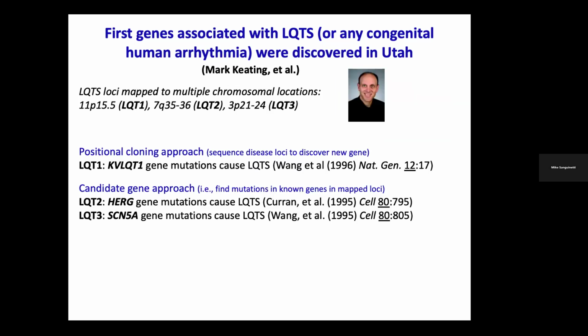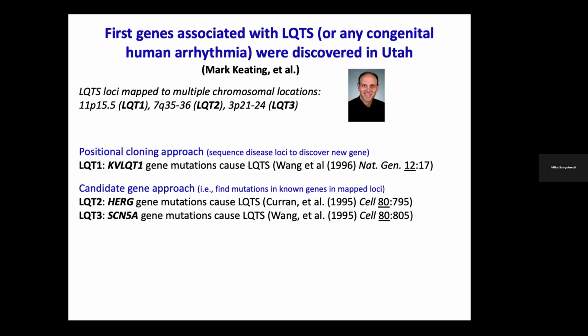And then in very rapid succession, just in 2 years, using a positional cloning approach, Mark and his study that was headed by King Wong, postdoc in the lab at the time, found that KVLQT1, a novel gene never been described before, was obviously a potassium channel gene based on sequence, but function was unknown.